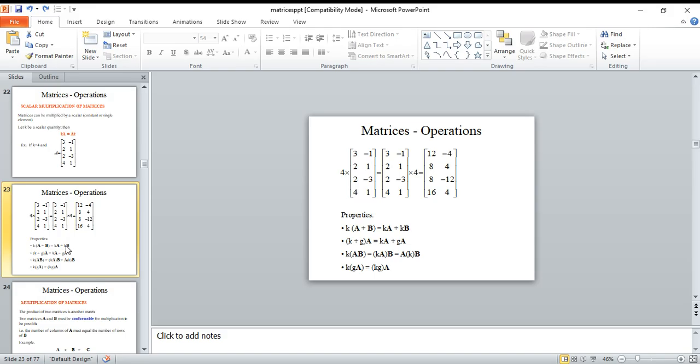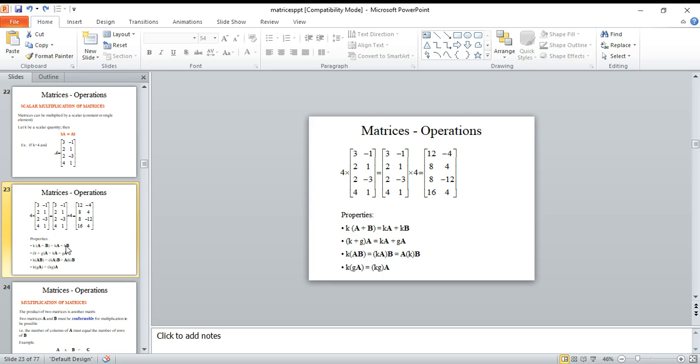Here k equal to 4 means 4 into 3, minus 1, 2, 1, 2, minus 3, 4, 1. Multiplying each element, 3 into 4 is 12.